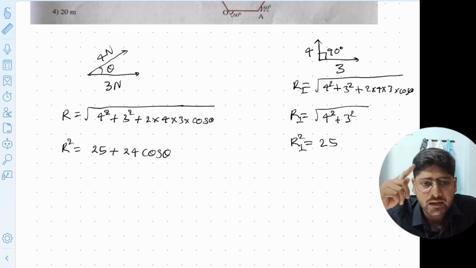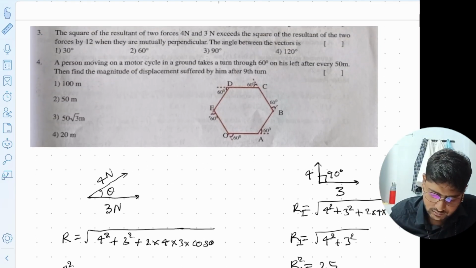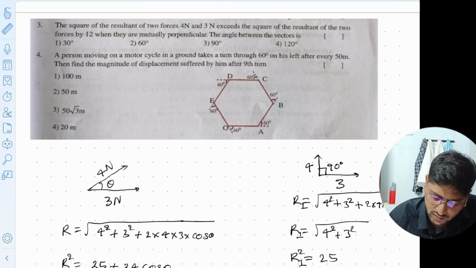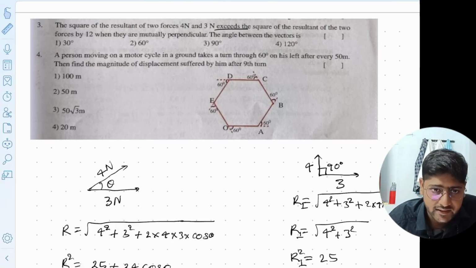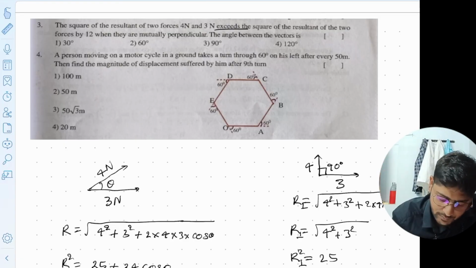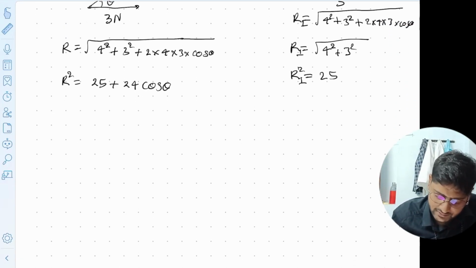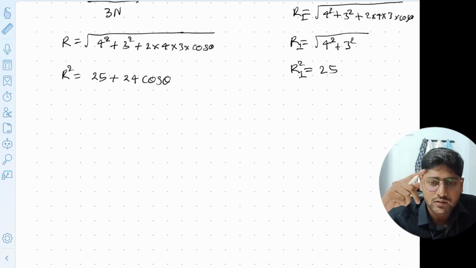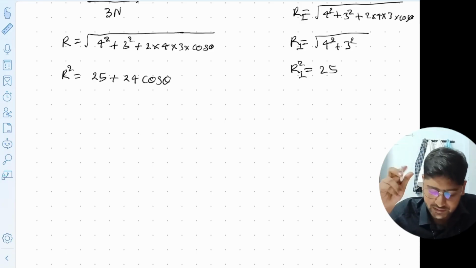Now it is saying that R square exceeds the square of the resultant of the two forces when perpendicular by 12.